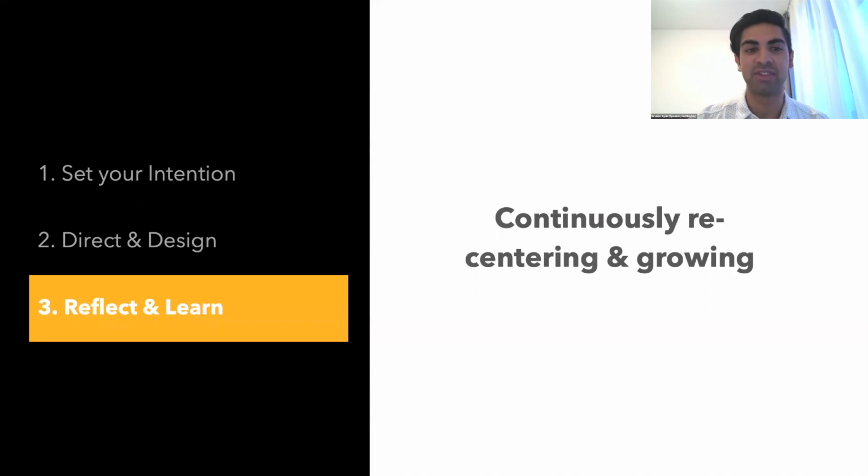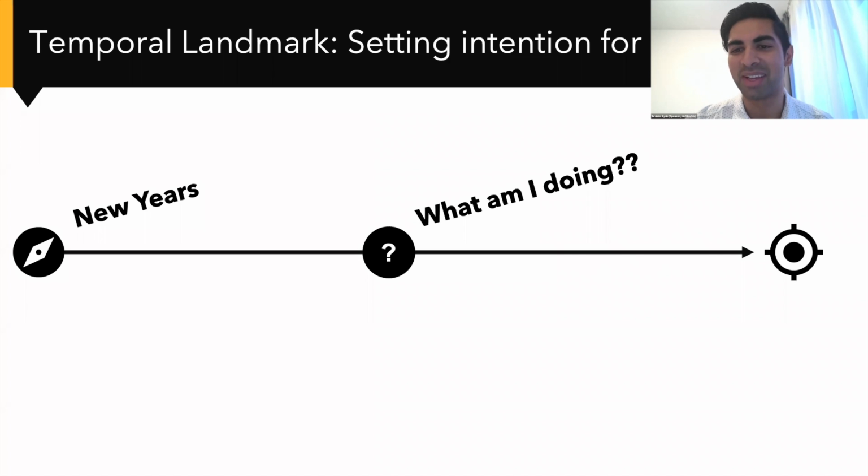Then third is reflecting and learning, right? Each day provides a new opportunity to go about doing these things. And this goes towards the idea of temporal landmarks. This may seem familiar: setting intention for New Year's, but then a month later, or one day later, you lose track a little bit.